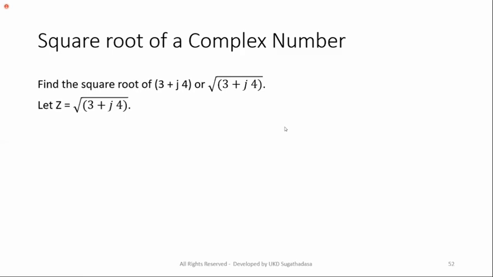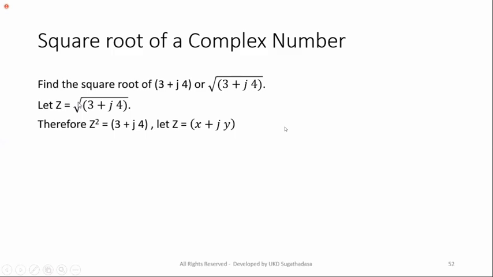You can take z equals the square root. I think everybody can follow what I am telling now. Then take the square on both sides. If you take z squared, what is z squared then? 3 plus j4. That is correct. Now we take z equals x plus jy. So z is a complex number. We assume the square root is also a complex number.